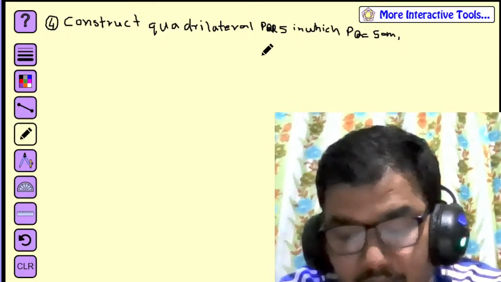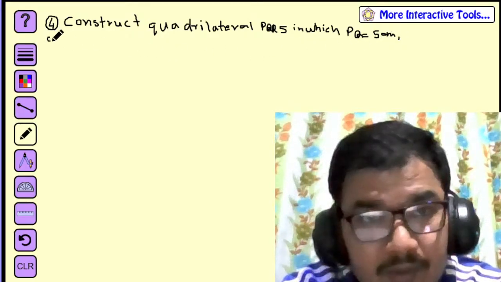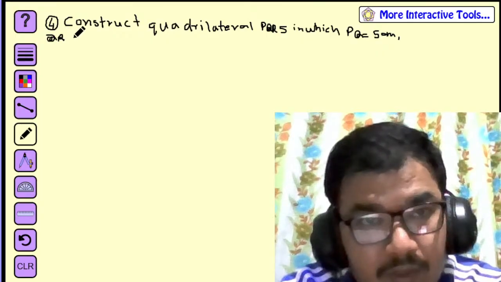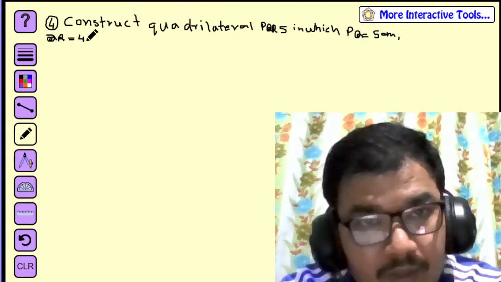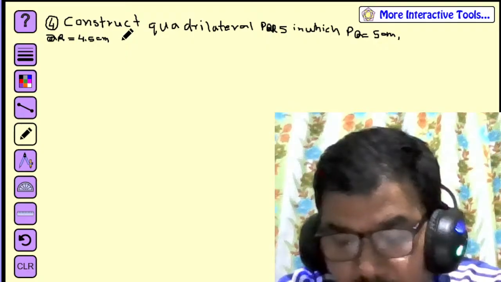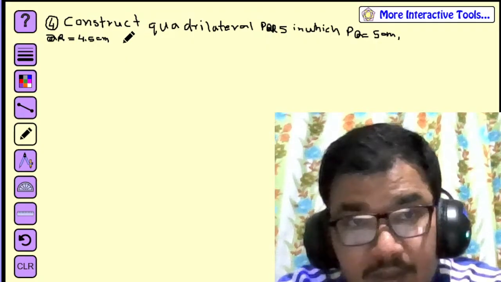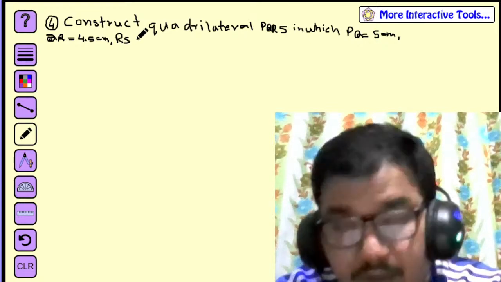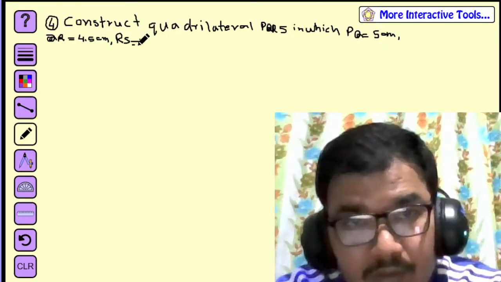QR is given there 4.5 centimeter. RS is given there 6 centimeter, right?